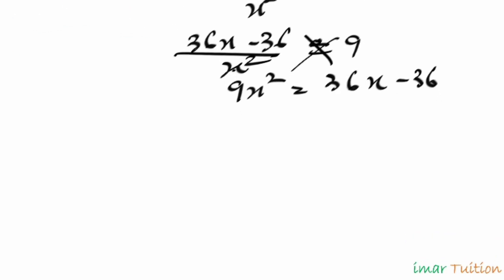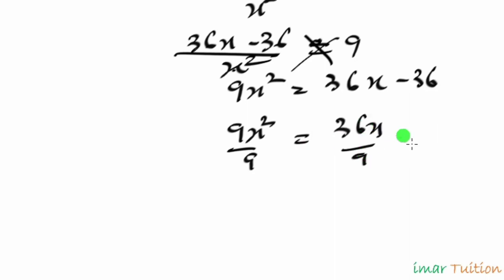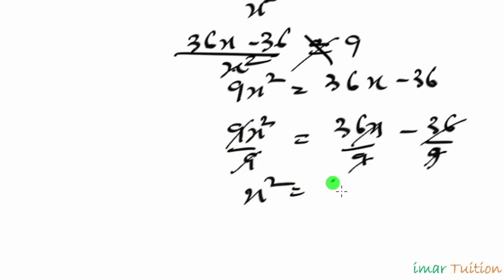From there, we can divide through by 9. You now have 9x squared over 9 equal to 36x over 9 minus 36 over 9. This will cancel out. You have x squared equal to 4x minus 4.